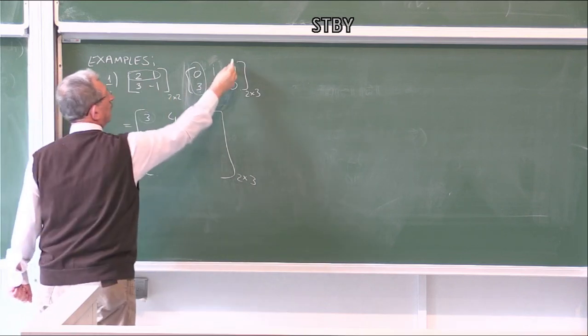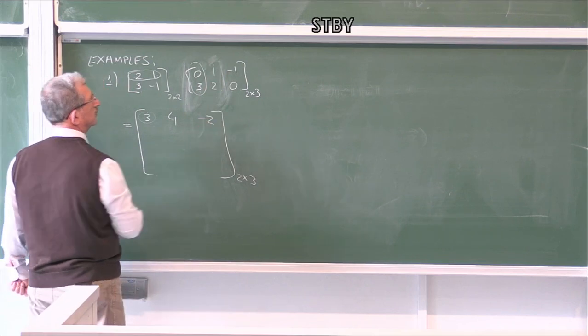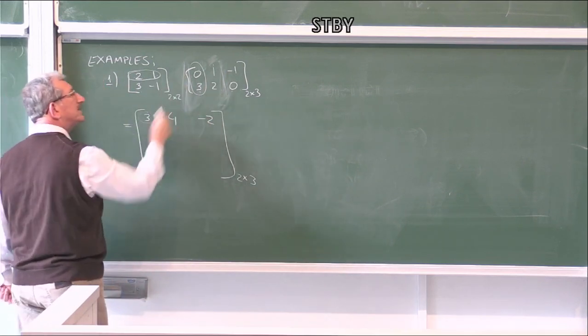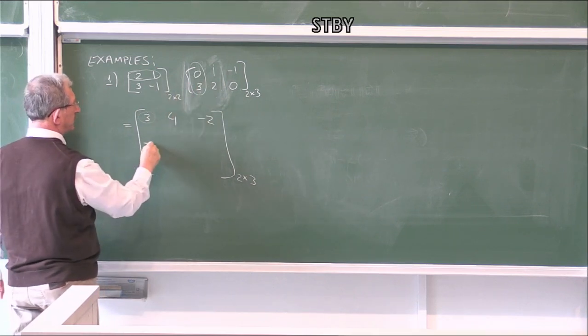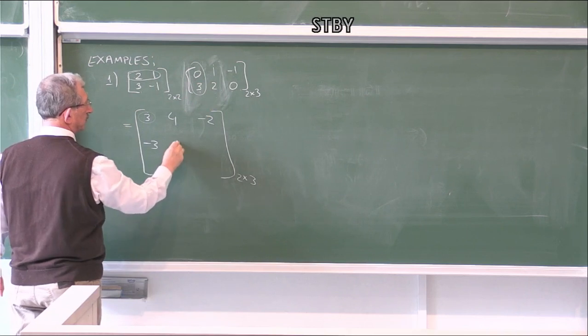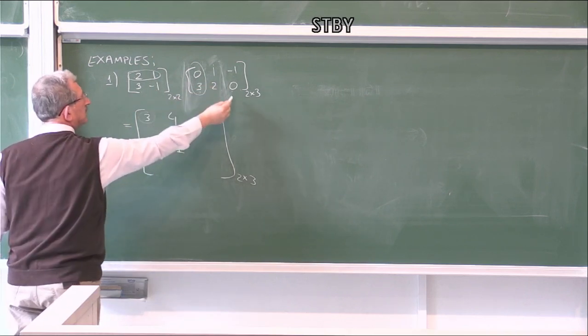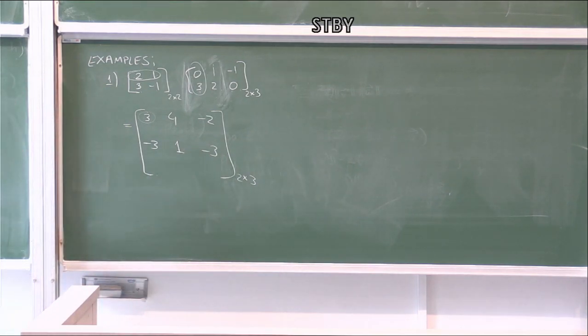And finally, for this one, 2 times minus 1, which is minus 2. Do the same thing for the second row. 3 times 0 minus 1 times 3 is minus 3. And this is 3 minus 2, so it's 1. And this is minus 3, that's all. So it's this.